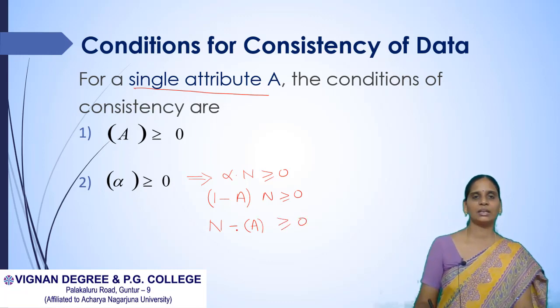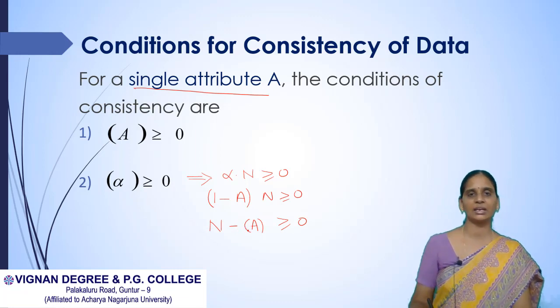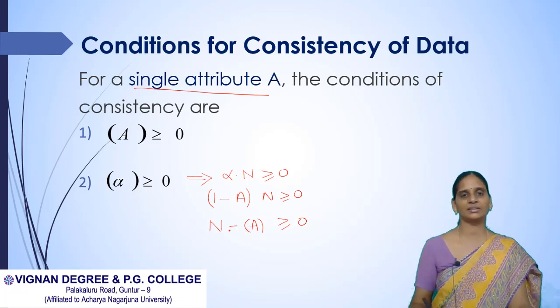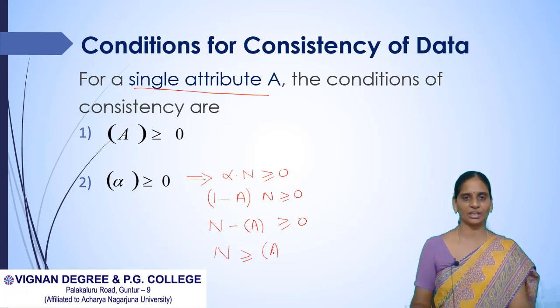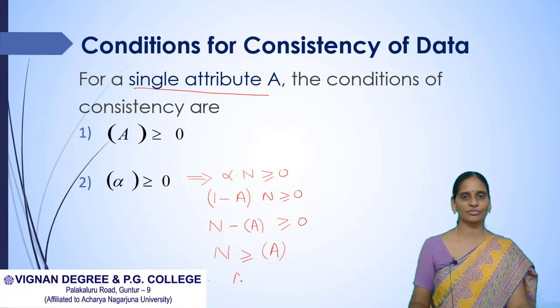Here, in the left hand side, minus a is shifted to the right hand side. Then we get capital N is greater than or equal to frequency of a. Therefore, frequency of a is less than or equal to capital N.